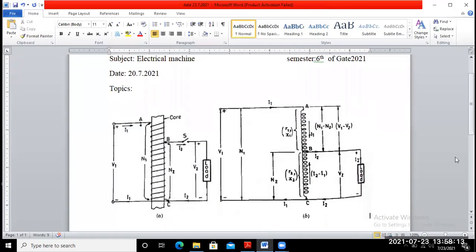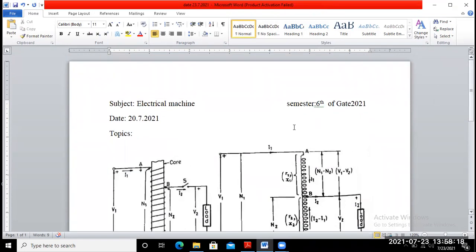So first of all, let's try to define the auto transformer. Today's topic is the auto transformer.